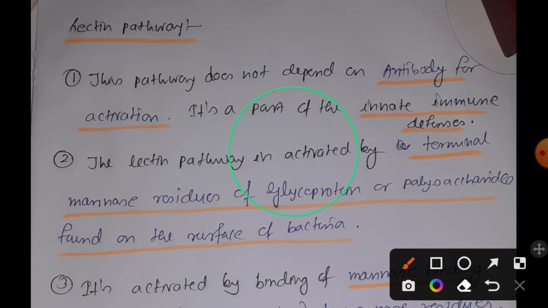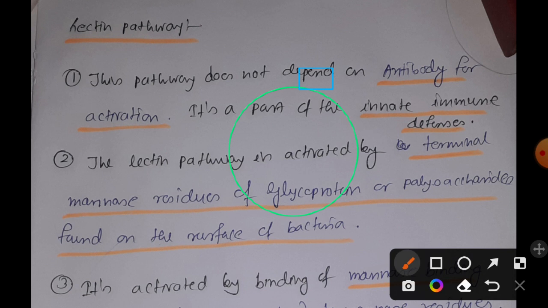Bacteria that have mannose residues on their surface, or more specifically, terminal mannose residues on glycoprotein or polysaccharide present on the bacterial surface, can be destroyed by the lectin pathway.